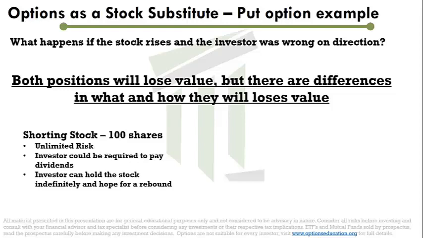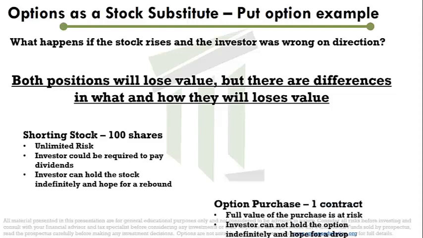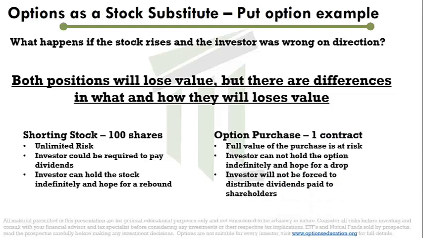Now, the investor can hold the stock indefinitely and hope for it to rebound in its direction, meaning that the stock can fall, whereas with the put option, the full purchase value is at risk. So the unlimited risk element goes away. This means that put options can be done in retirement accounts.